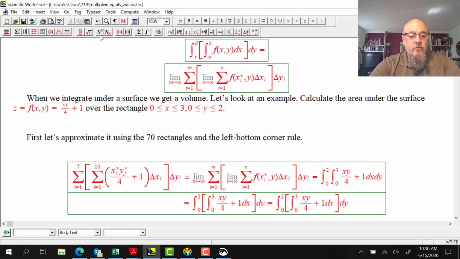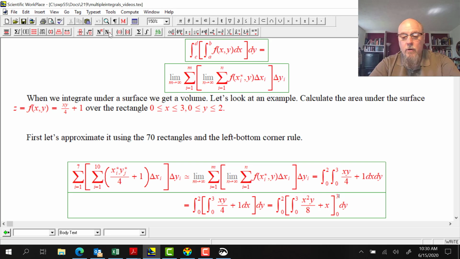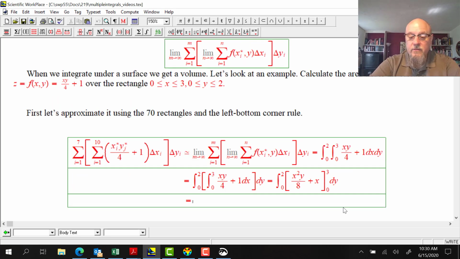This is just going to be straight: add 1 to the exponent, divide by what's up top. This 1 becomes a 1x because I'm integrating with respect to x. So there I've integrated with respect to x, and now I'm going to sub in the top minus sub in the bottom. I'm still inside that square bracketed piece.